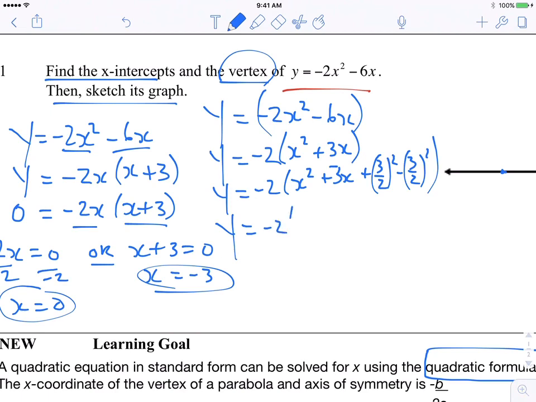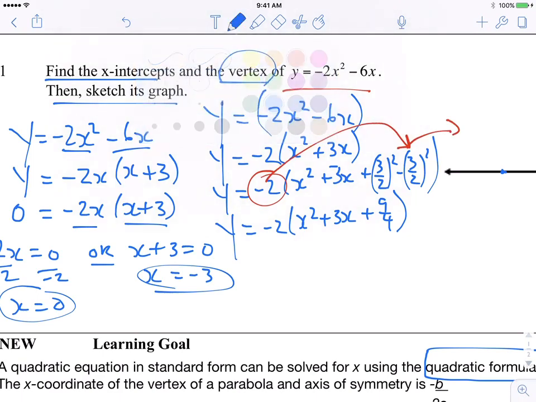Y equal negative 2 times x squared plus 3x plus 9 over 4. And now we're going to boot out that last term, but don't forget we have to multiply the negative 2 times that and then remove it. So just off to the side here, negative 2 times, and we know 3 over 2 squared is 9 over 4.